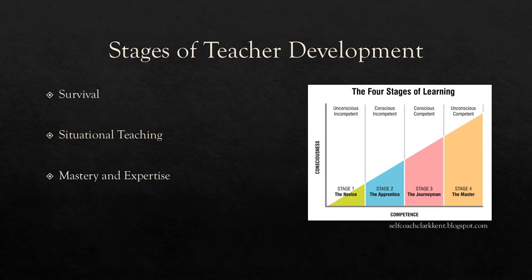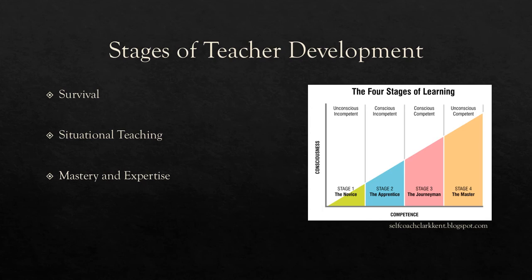And obviously these stages again all take a while. You're not going to progress through these in 1 month, 2 months, whatever. These take years. I would say that the apprentice stage for me was probably a good 2 years or so, and then I moved into journeyman. But my teaching career took a lot of twists and turns along the way, which factors into that.